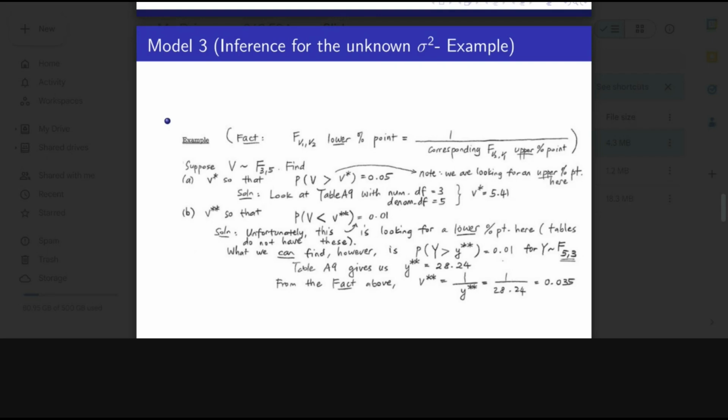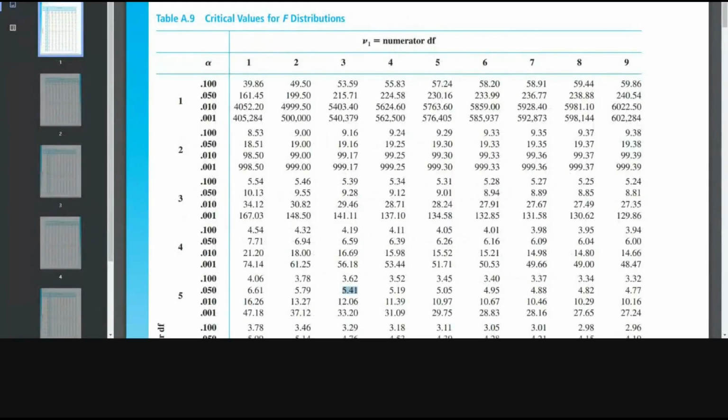I'll show you. If you go instead to an F53, 5 and 3, do you see the 28.24 here for 1%? So let me get things straight, okay?